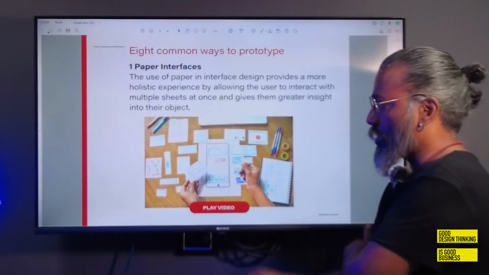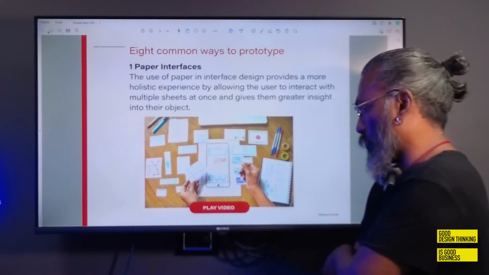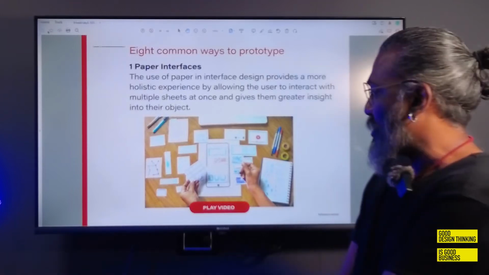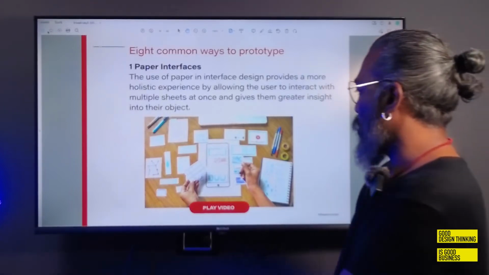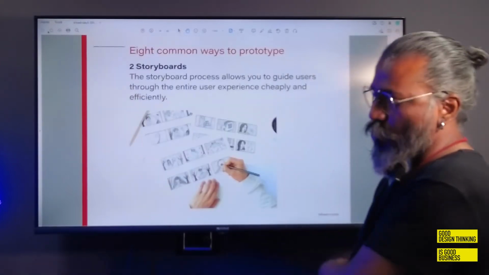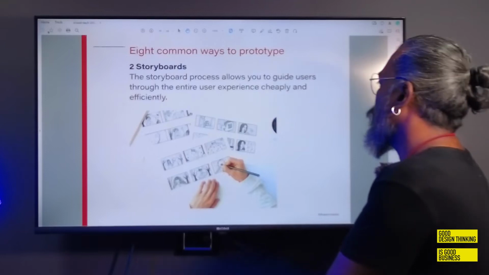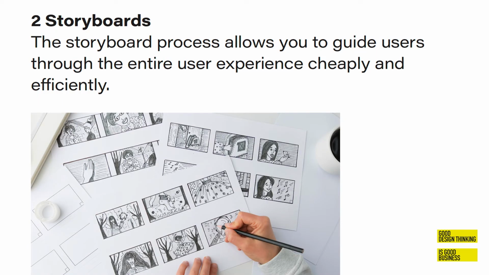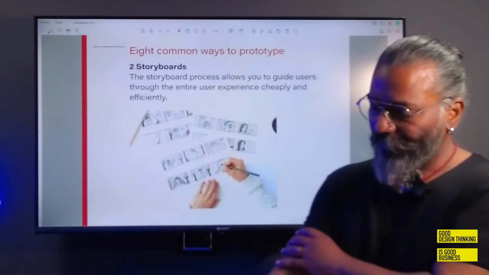Here you can see how this person is using paper to make a mock-up and show the functionality of this particular app. The storyboard process allows you to guide users through the entire user experience cheaply and effectively, okay?